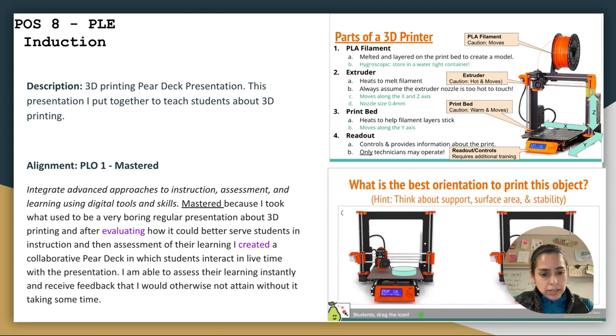I took a regular, boring PowerPoint presentation and made it much more collaborative, in which students interact in real time with the presentation, whether answering questions so that I can assess their learning instantly. They can also use multiple devices to answer, which makes it much more engaging for them.